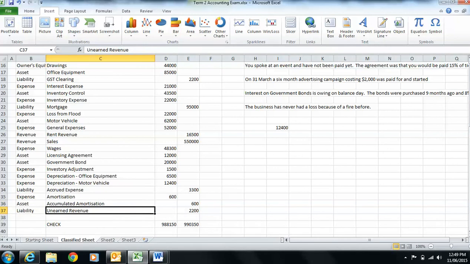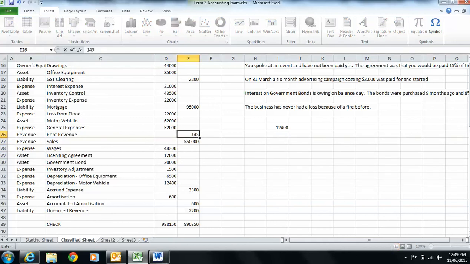Unearned revenue is a liability, so it should have a credit nature. That's right, and this rent revenue is going to decrease by $2,200, so it's going to go to $14,300. And if we go back to our check, we're still in balance because we've had an increased credit on this side, and a reduced credit on this side here.